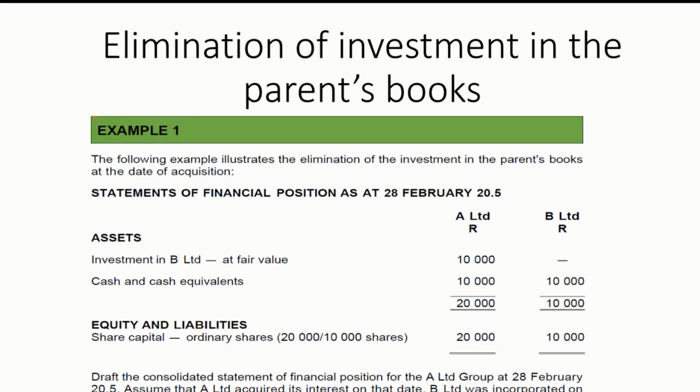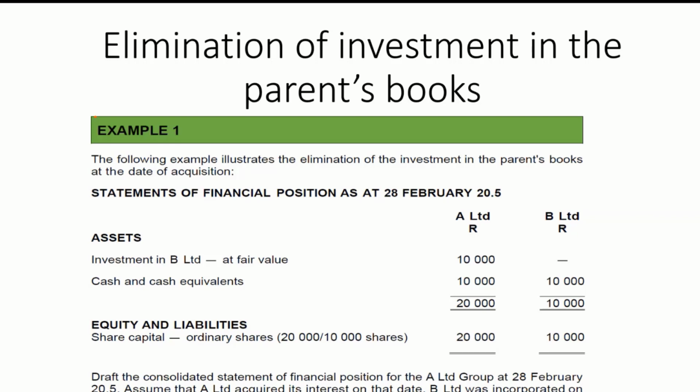Right. So that debit investment of 10,000 rand and the credit share capital of 10,000 rand, they have to be taken out because it is a transaction between the two. The holding company has recorded debit investment of 10,000. The subsidiary has recorded credit share capital of 10,000. Those two journal entries have to cancel out, they have to be eliminated.